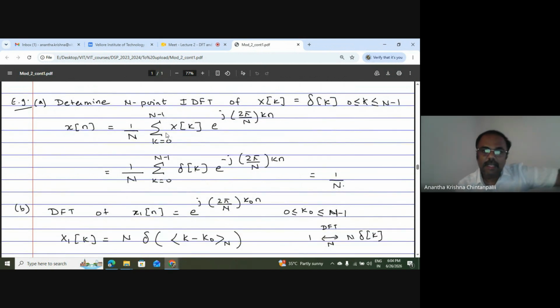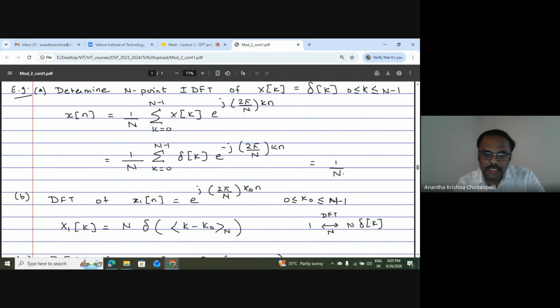So what is the DFT of 1? If you remember here, 1 over N is the inverse DFT of delta of k, so if I multiply N on both the sides, then for a value of 1, the DFT would be N times delta of k. So this is frequency shifting. So this becomes N times delta of k minus k naught, modulo N.